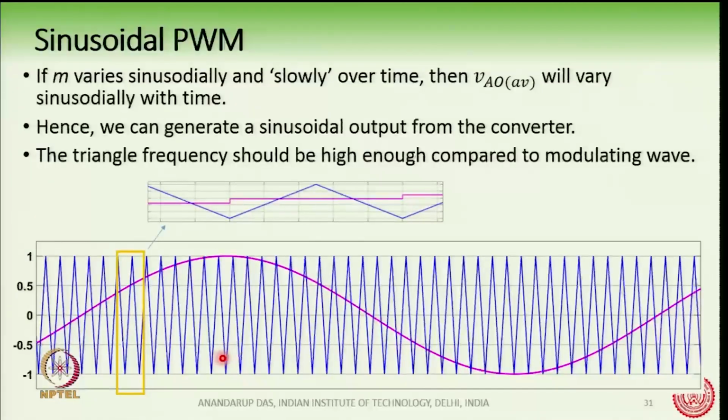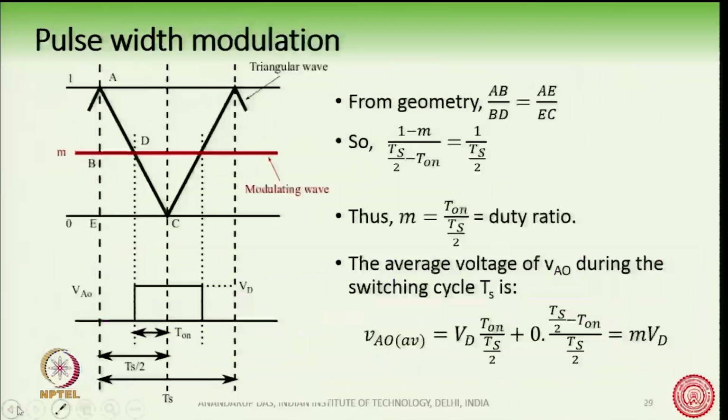The triangular waveform frequency is much higher than the frequency of the sine wave. So, in a small portion of the triangular waveform period, the sine wave, it seems, is not changing at all. So, it is more or less fixed.